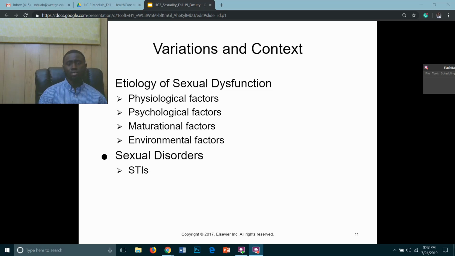Pregnancy and the process of aging, although not pathological conditions, can also result in sexual dysfunction. Prescription drugs for managing physiological illnesses can also affect hormonal and body processes to cause sexual dysfunction.